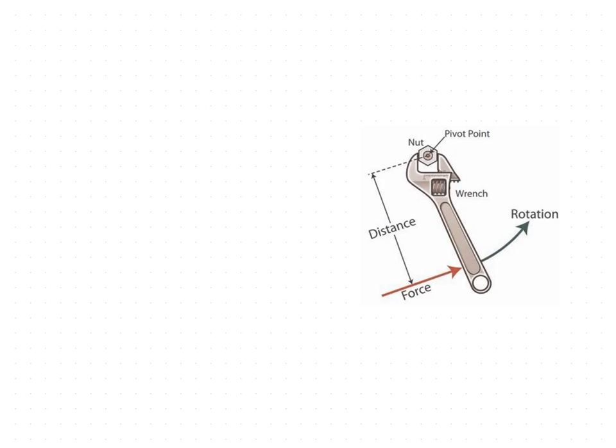Let us take an example of a wrench used to open a screw. If we apply force on this wrench in this direction to open the screw, the screw will not be opened by this method. Or if we apply force in the opposite direction, the screw will also not be opened.